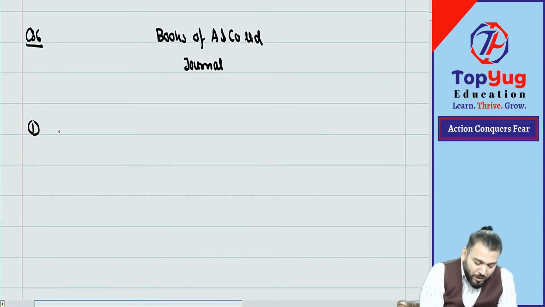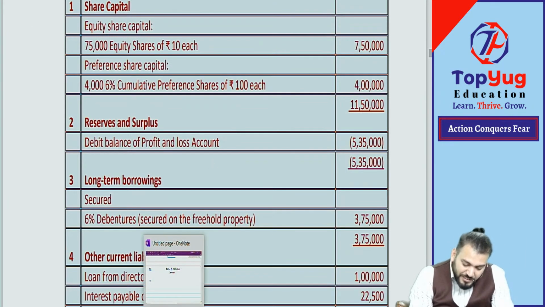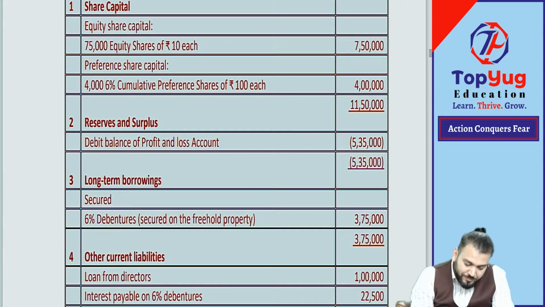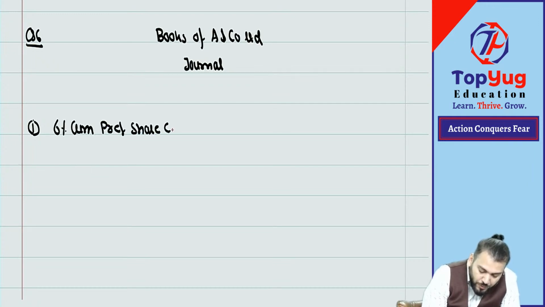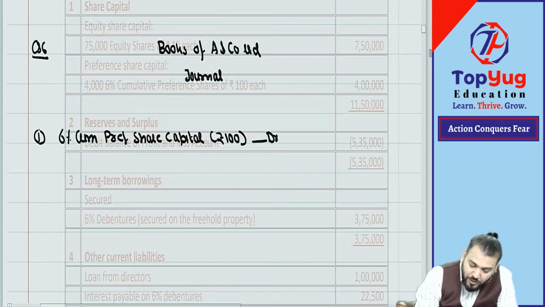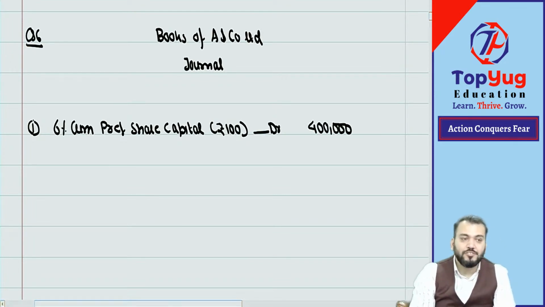So can you give me the journal entry for point number one? Preference shares. What is the rate of preference shares? It is 6%. So 6% cumulative preference share capital of rupees 100 each will be debited. What is the amount? 4 lakh, which means 4,000 shares.